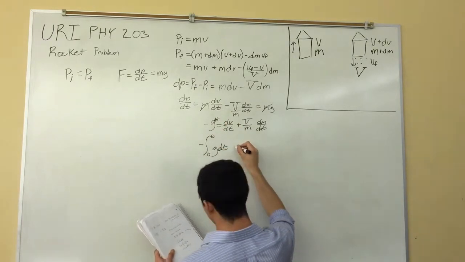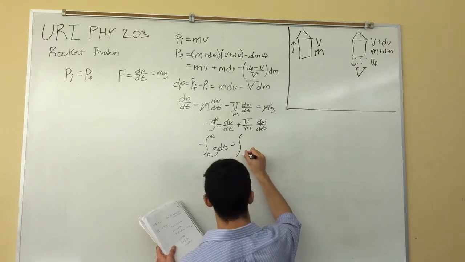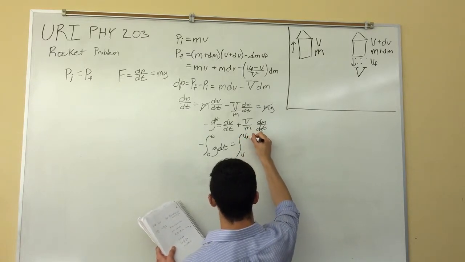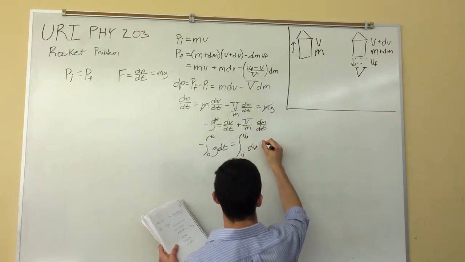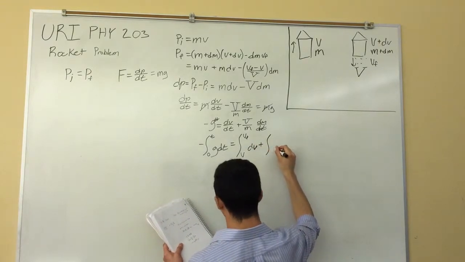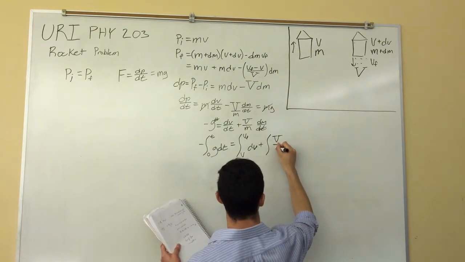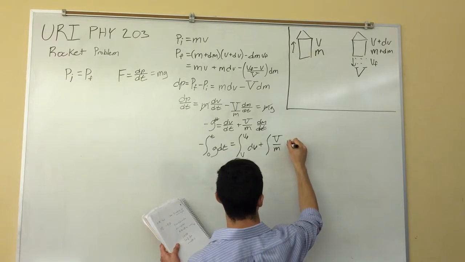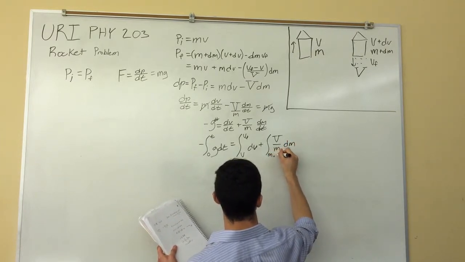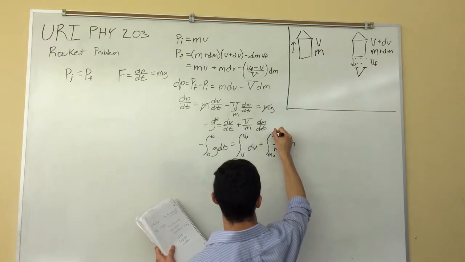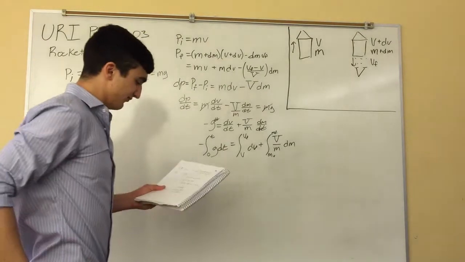Anyway, continuing on, is equal to the integral from v initial to v final of dv plus the integral of the velocity of the exhaust divided by m dm. And that's from m initial to m final to account for the change in m.